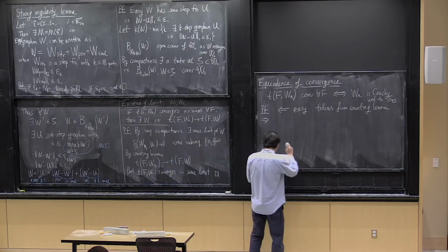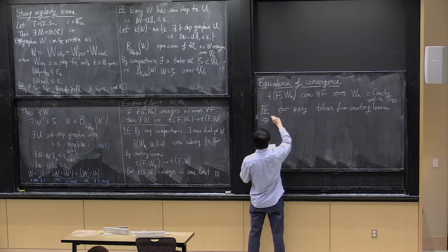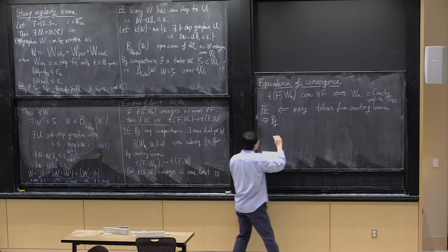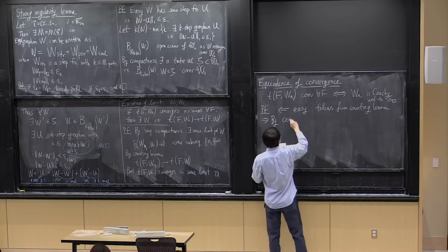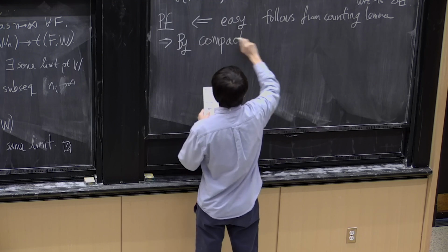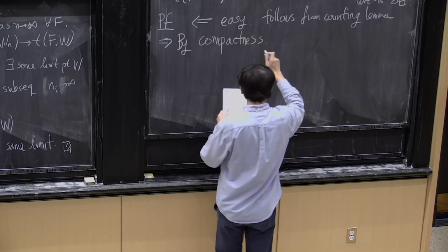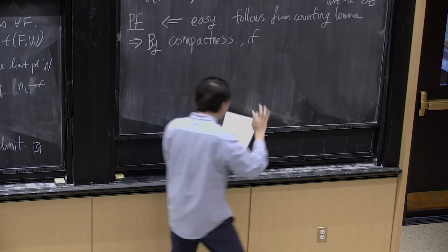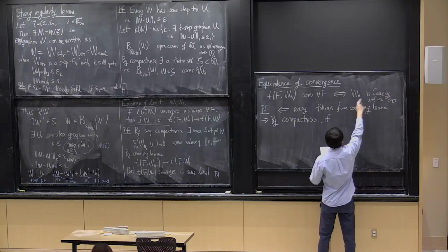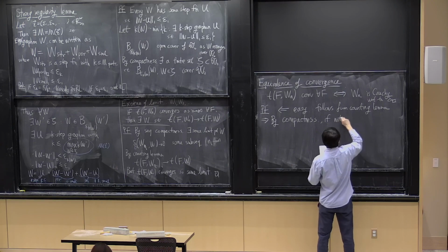So here is the proof. The proof method here is somewhat representative of these graph limit type arguments, so it's worth paying attention to see how this one goes. By compactness, we're going to set up a contradiction.